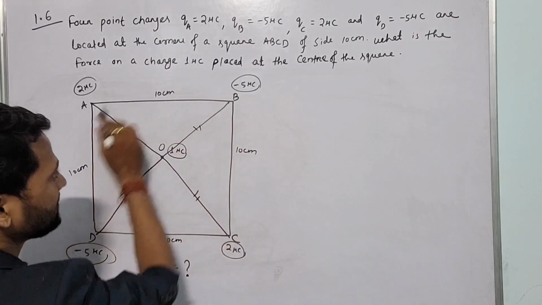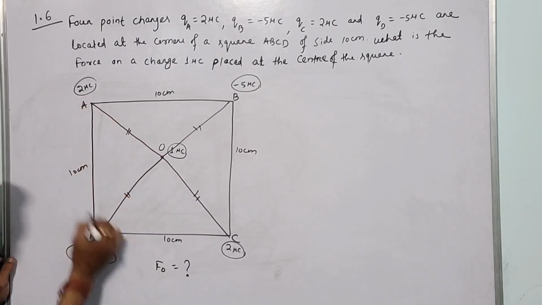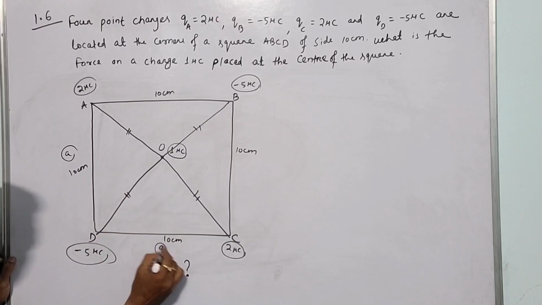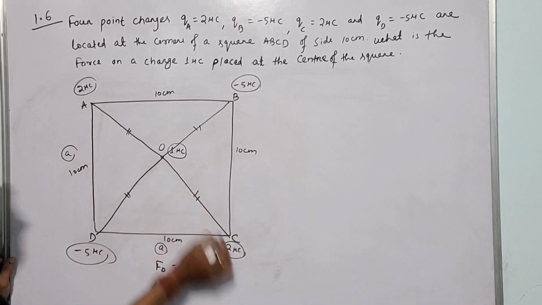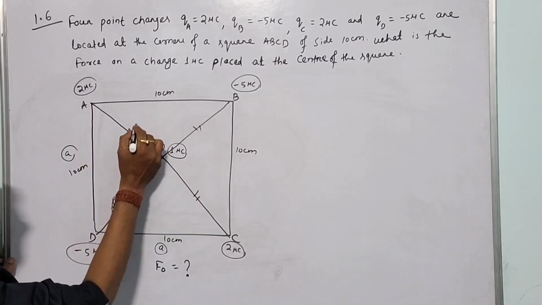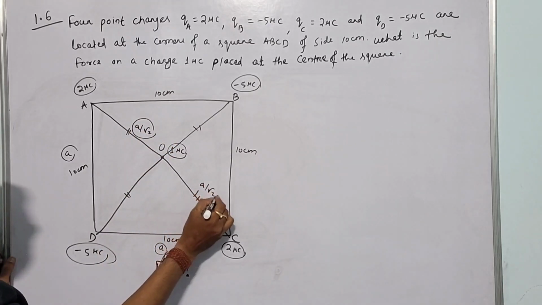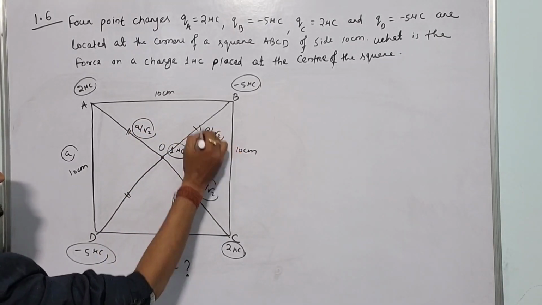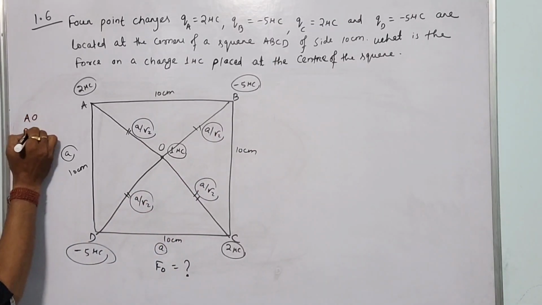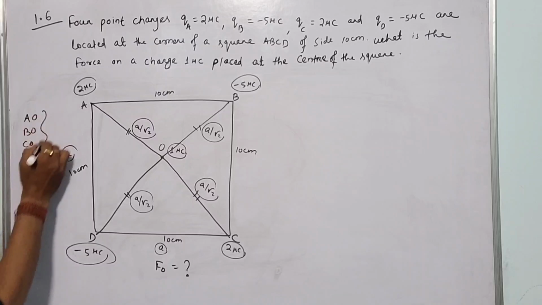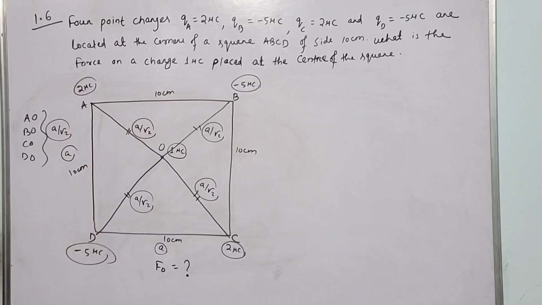Because it is a square, the sides are the same. What will be its magnitude? Suppose this is a and this is a, so AC will be the square root of a squared plus a squared, that is root 2 a. So AO will be root 2 a by 2, that will be a by root 2. So this distance is a by root 2, this is also a by root 2, and this is also a by root 2. That means AO, BO, CO, DO, the magnitudes are the same, which is a by root 2. We will put in the value of a later, that is 10 cm.